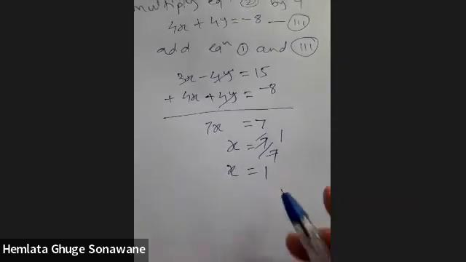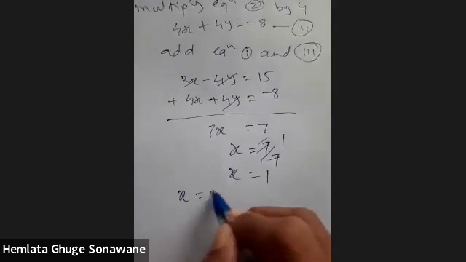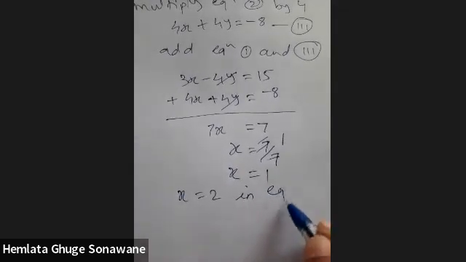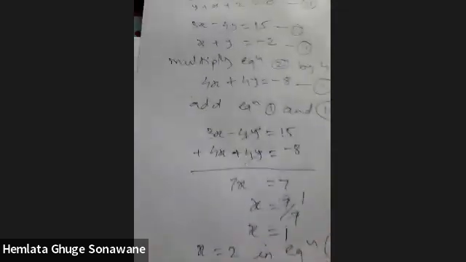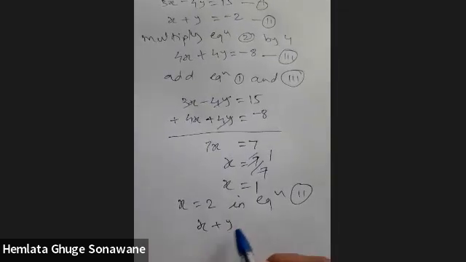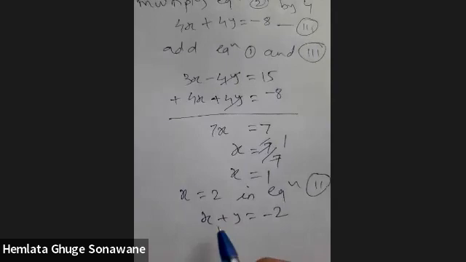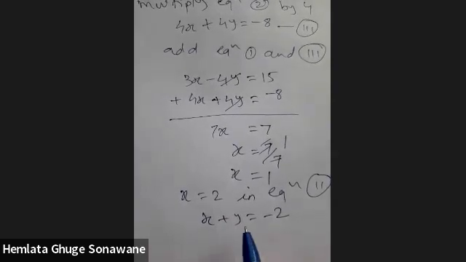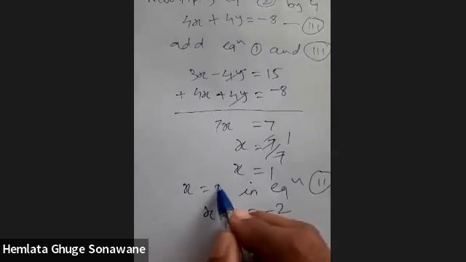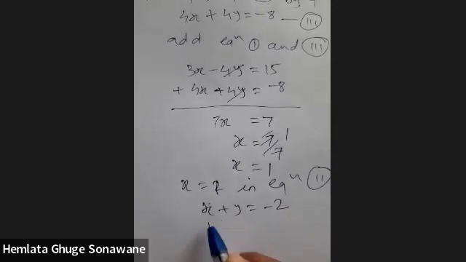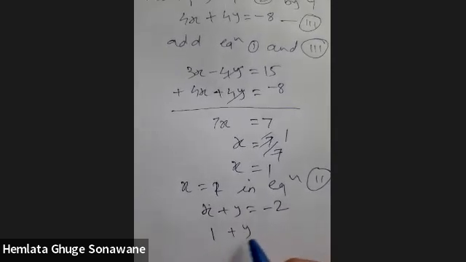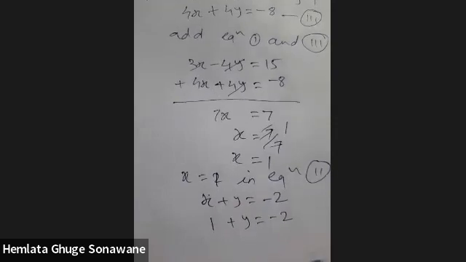Now we'll put this value of x, x is equal to 1, in equation number 2. Equation number 2 is x plus y is equal to minus 2. Sorry, x is equal to 1, so 1 plus y is equal to minus 2.